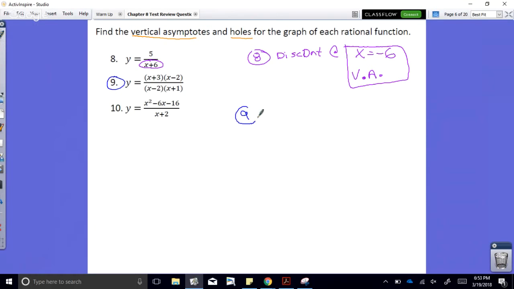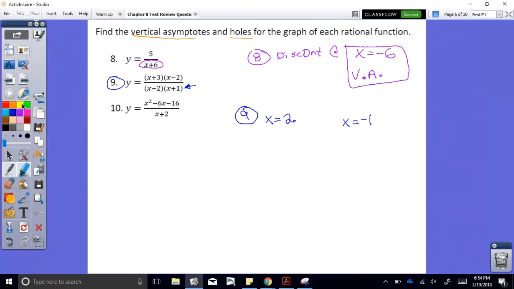Okay, number 9, same thing. We look at the bottom and we say, that tells us where things are happening. So we have something happening at the opposite of -2, so 2. And we have something happening at the x plus 1, so x equals -1.